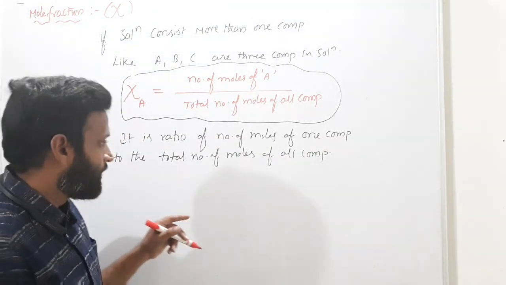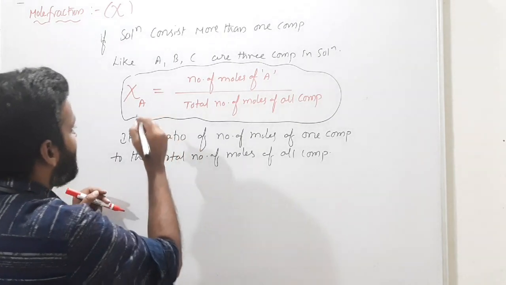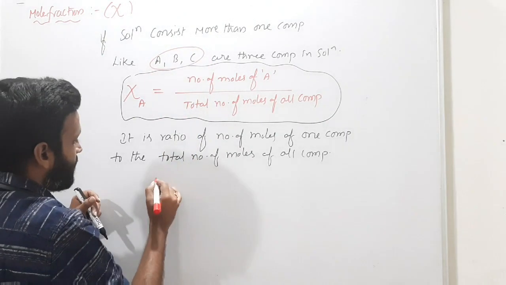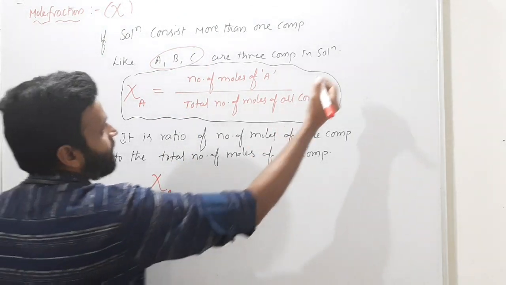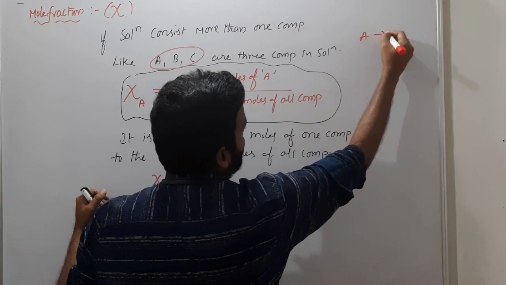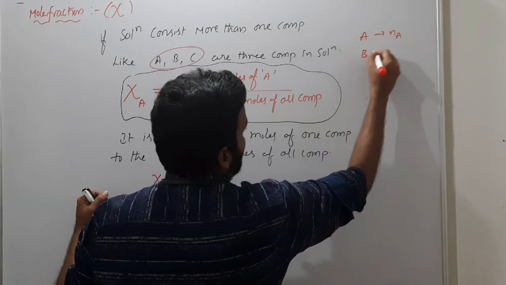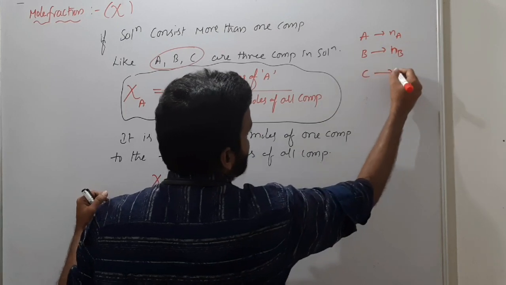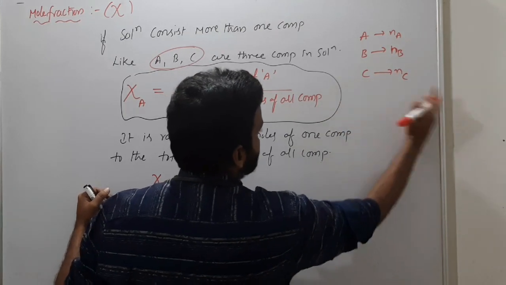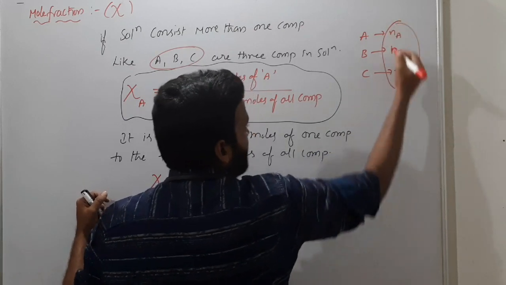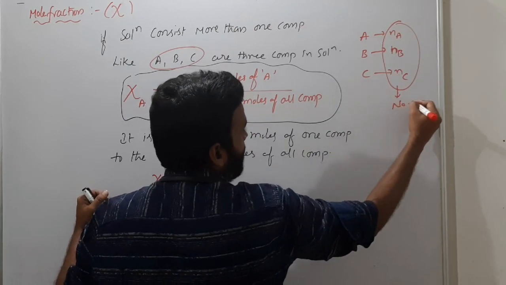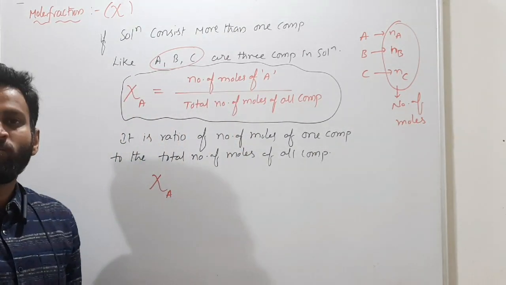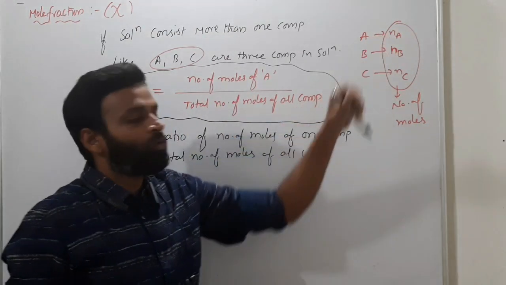Got it clearly? So if A, B, C are three components, what is the mole fraction of A? Suppose A has number of moles Na, B has number of moles Nb, and C has number of moles Nc. What are Na, Nb, Nc? Number of moles. For A, number of moles Na.